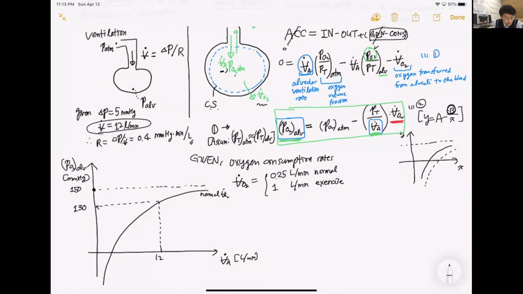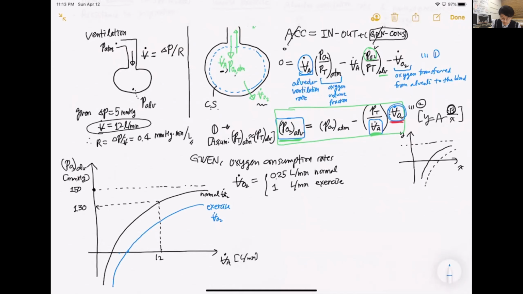And when it becomes exercise, let's use blue. So during the exercise, like this is an exercise curve. So the oxygen consumption of this exercise changes this parameter, which makes it farther from this point.